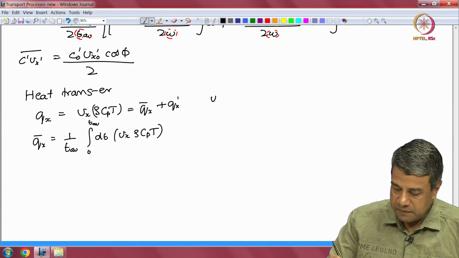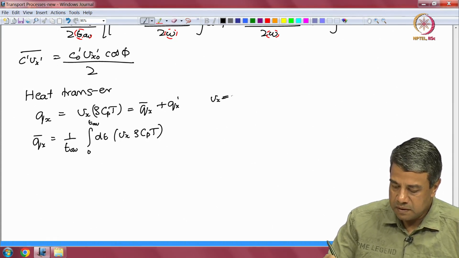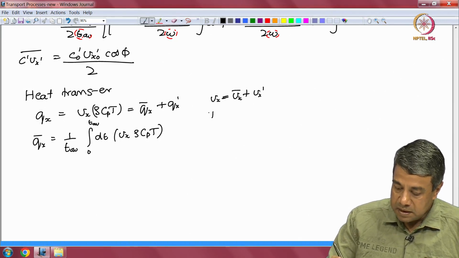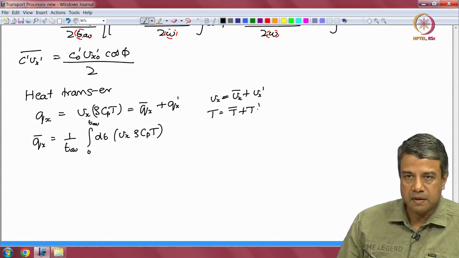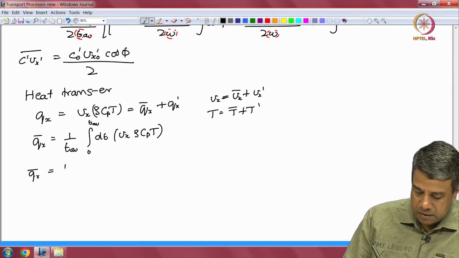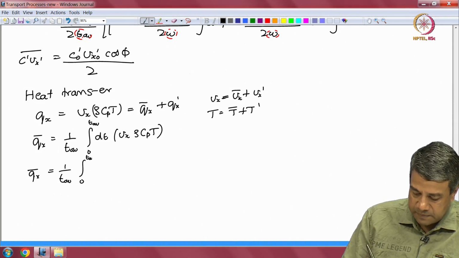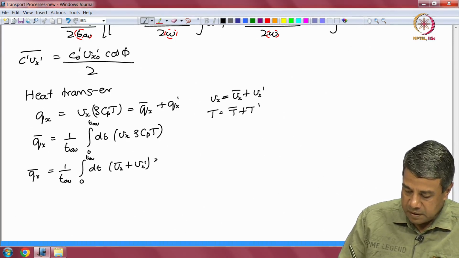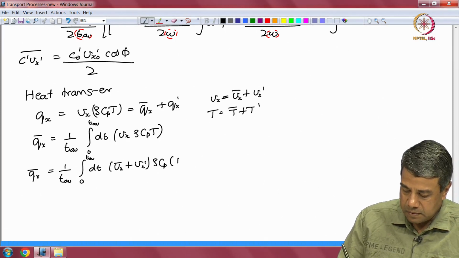Now, we can separate V x is equal to V x bar plus V x prime, T is equal to T bar plus T prime. Therefore, Q x average is equal to 1 over T average integral 0 to T average dt V x bar plus V x prime, rho C p into T bar plus T prime.